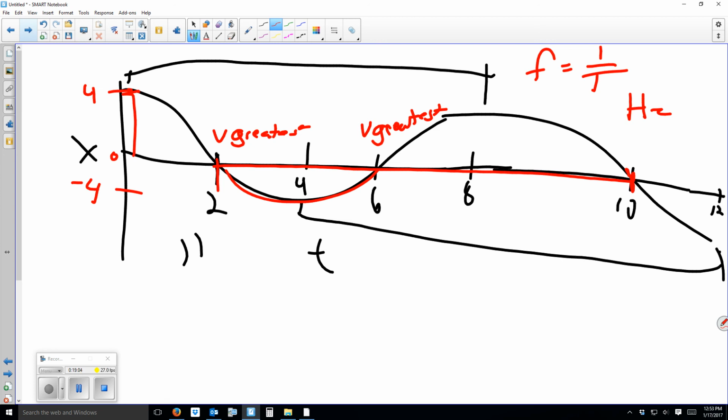So our velocity here, because our slope is negative, it's on its way down. This is our greatest negative velocity, and this is our greatest positive velocity at 6 seconds. Draw little arrows there so we can see those. And we've got velocities of 0 up at the peaks and troughs.